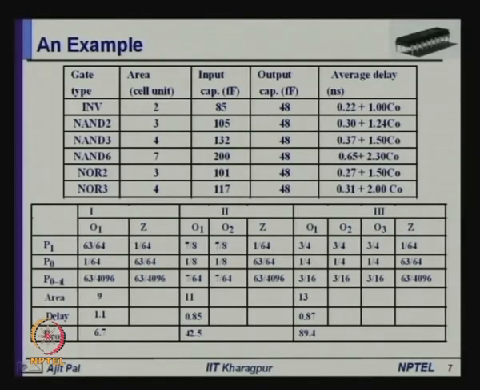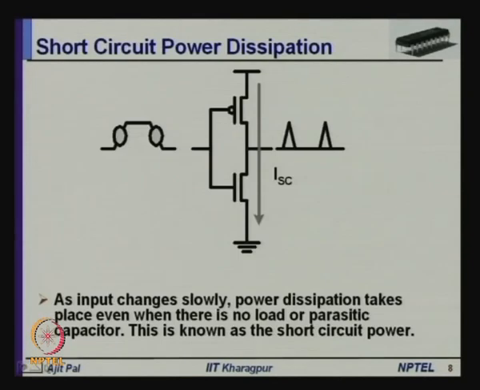Okay. So, with this example, now we shall come to another important type of power dissipation. We are switching gear to a new type of power dissipation, that is short circuit power dissipation. As you already know, short circuit power dissipation occurs because of slow change in the input, particularly as the input is changing slowly, either going from 0 to VDD or from VDD to 0.